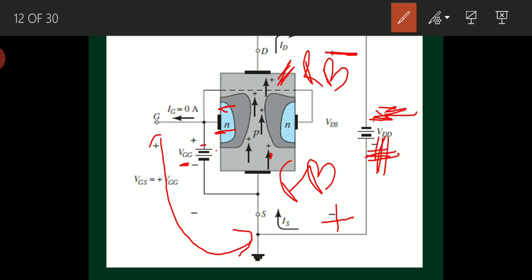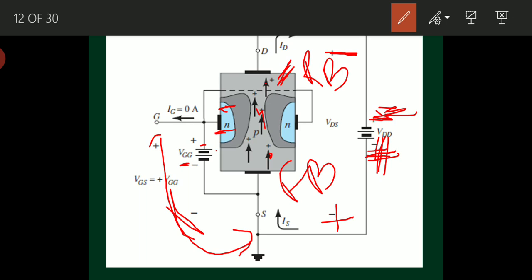So the positive voltage VGS applied between gate and source helps to reach saturation level for ID at lower levels of VDS. Here I am applying reverse bias, so this depletion region increases fast.